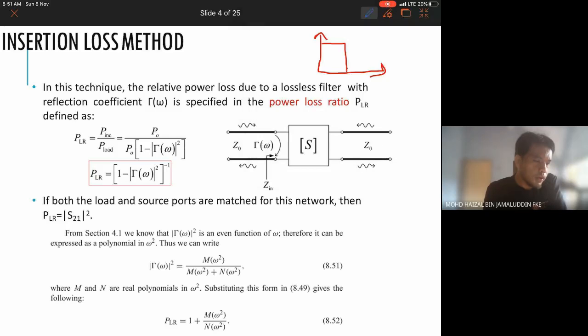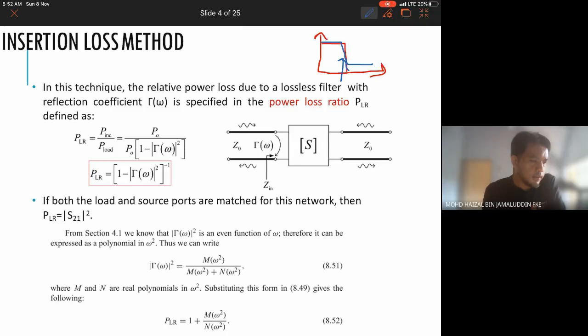So what we want is a design of a filter that is near to this characteristic. We want filters that have a sharp cutoff frequency and the attenuation is maintained at a certain level.